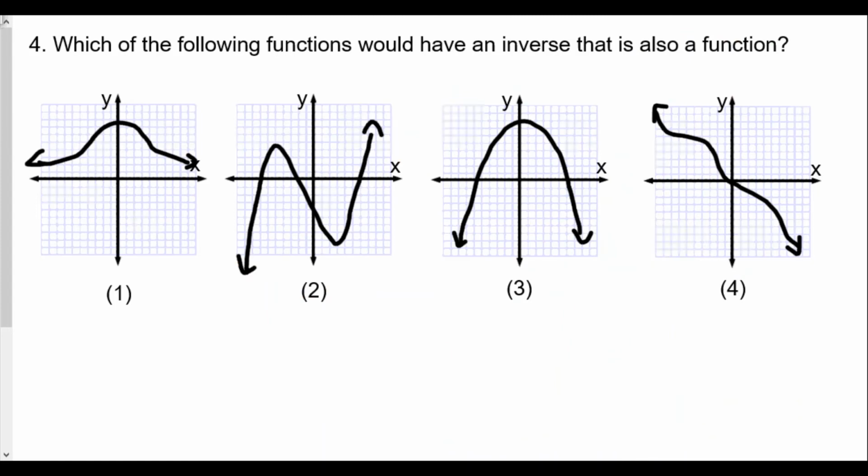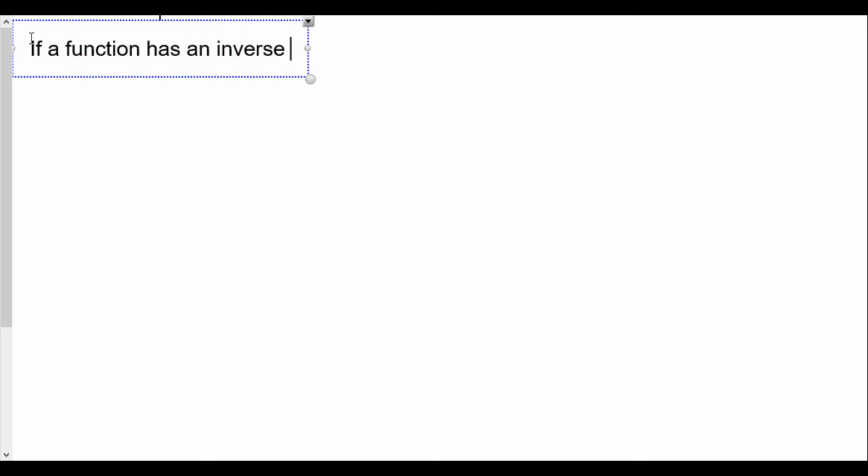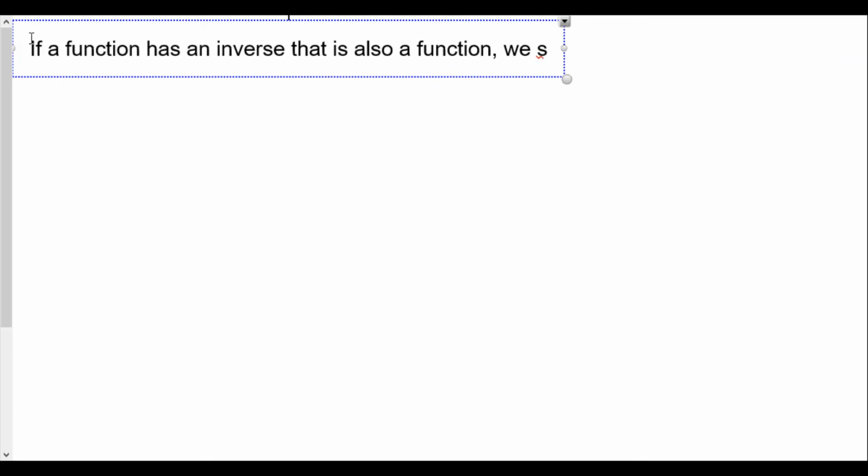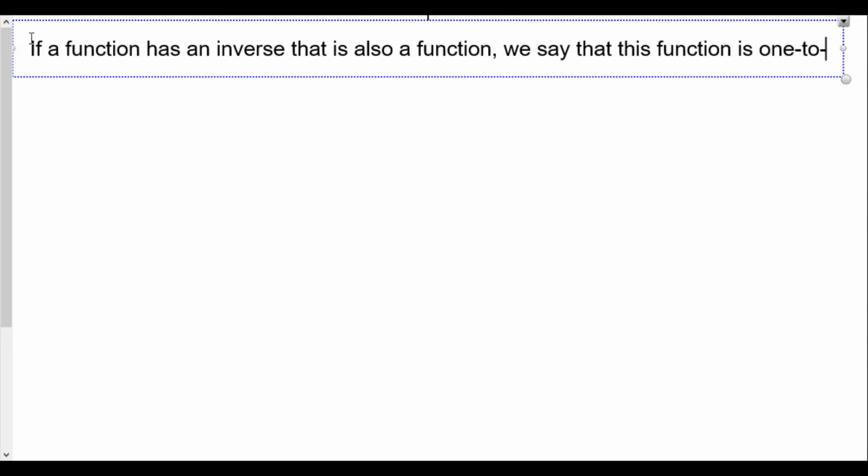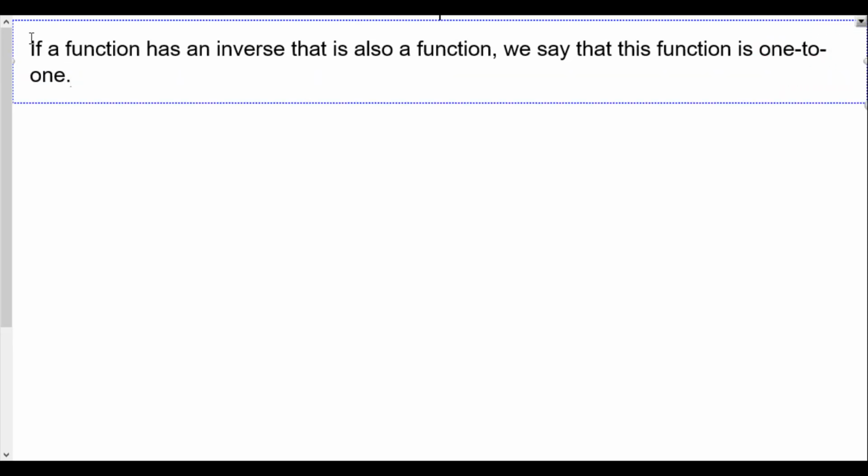Okay? So which of the following could have an inverse that is also a function? And so we have to talk about this too. If a function has an inverse that is also a function, we say that this function is one-to-one. And we talked about that in the last lesson.